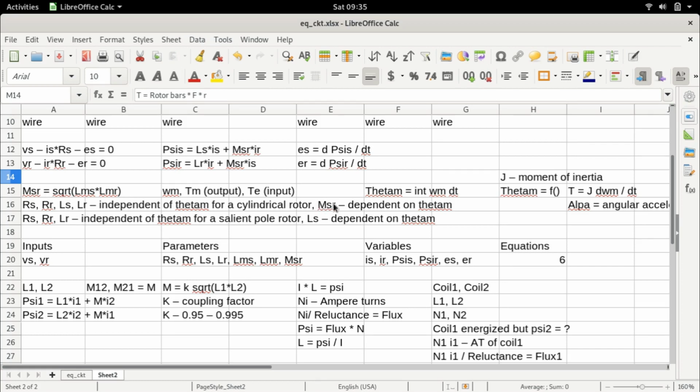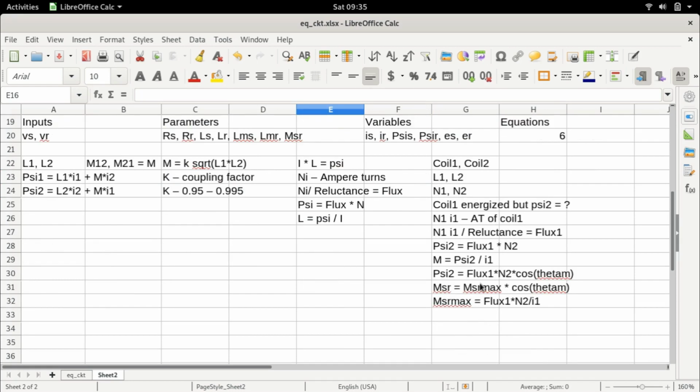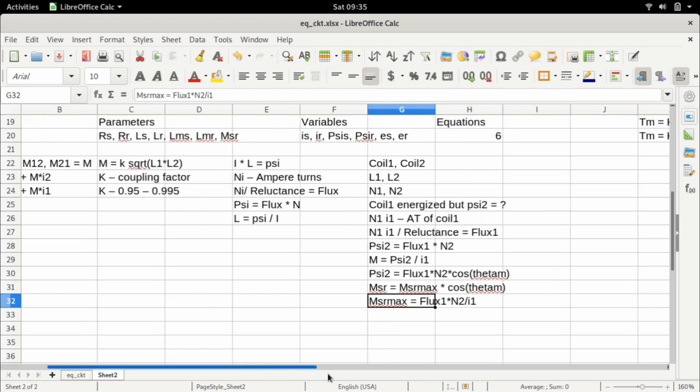Only the mutual inductance between the stator and the rotor is dependent on the rotor angle. And we had come here and said that this is the equation. That is, the mutual inductance between the stator and rotor can be expressed as some maximum value times the cosine of the mechanical angle. And the maximum value is described again in a very similar manner as here.